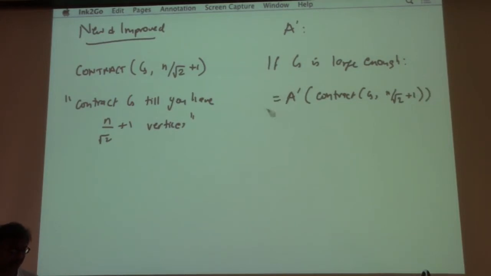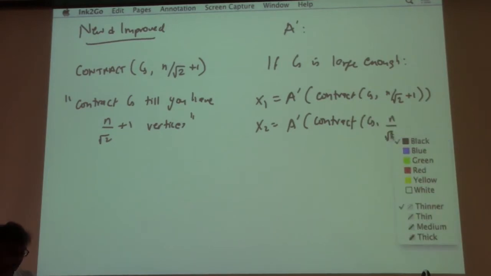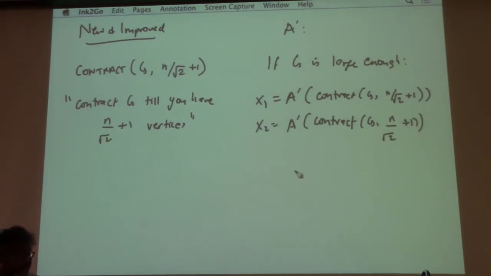And let's call the resulting value x1. And let's say x2 is equal to the recursive call of the same algorithm, doing it again, but with a different set of random choices. Okay? And then take the min.